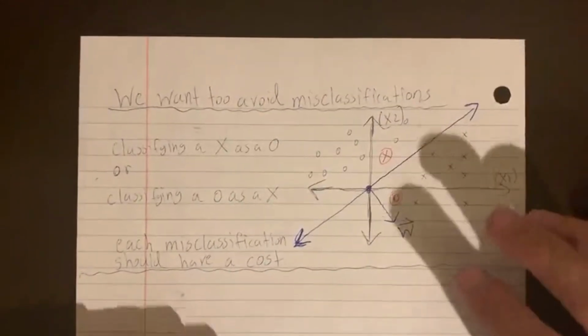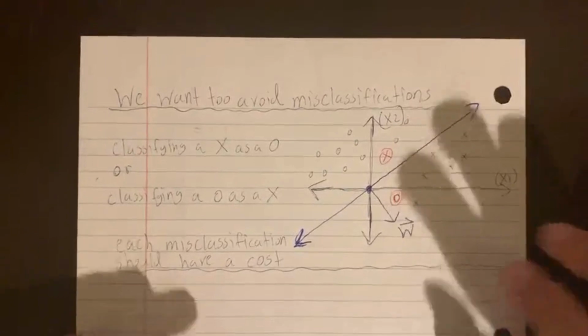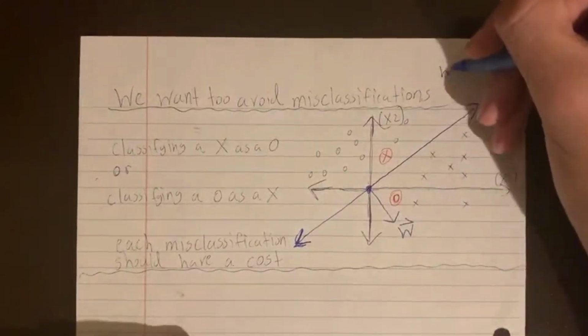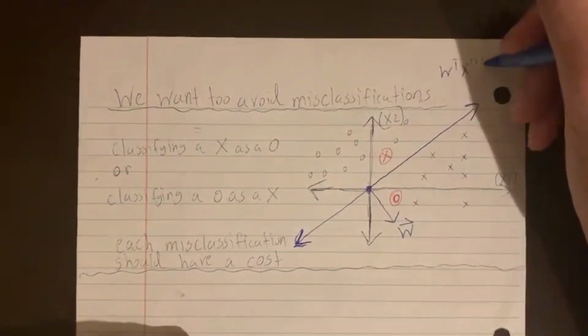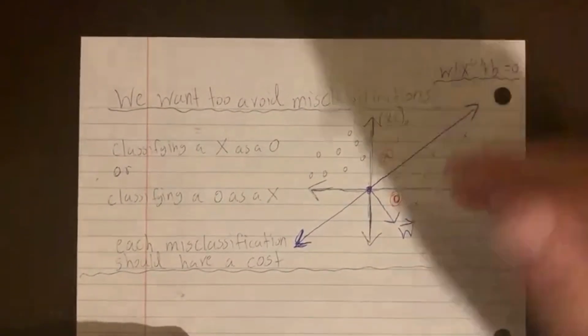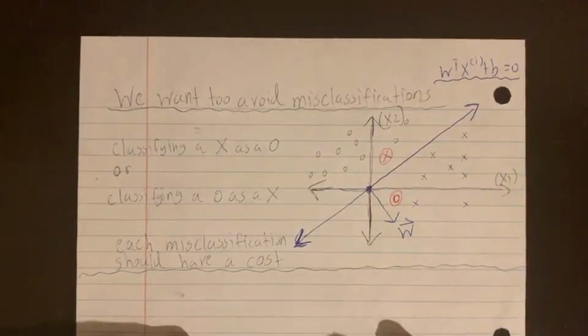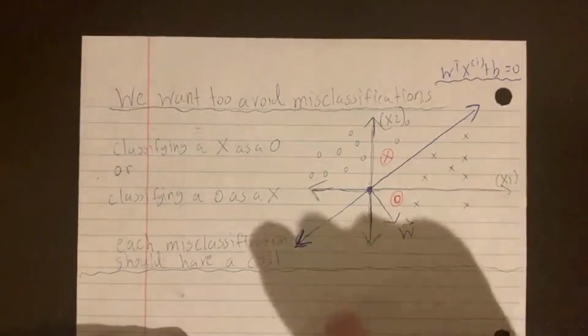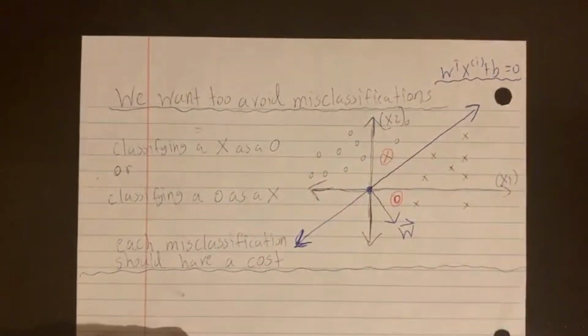Alright, so we want to avoid misclassifications for our model. Remember, our model is W transpose x of i plus b is equal to 0, and it classifies new data points via the rule we described.